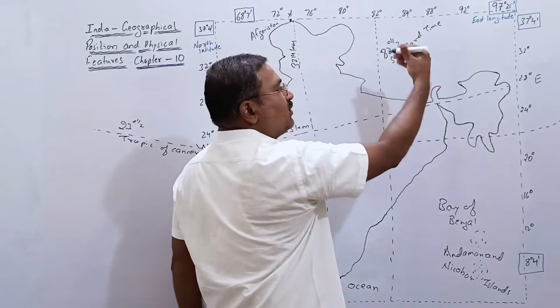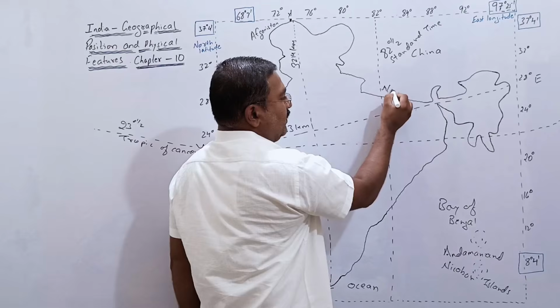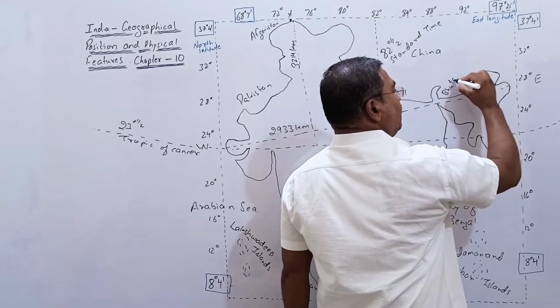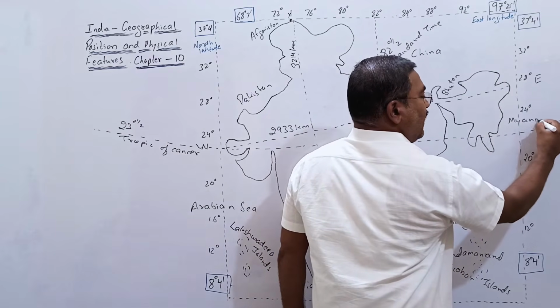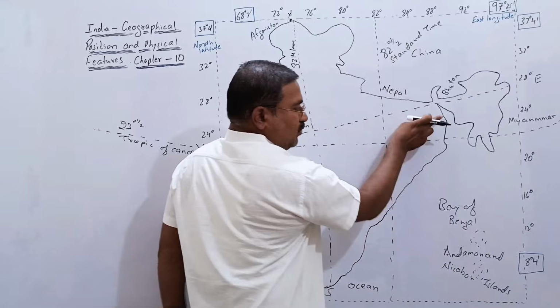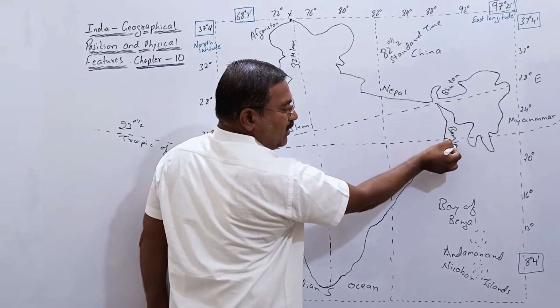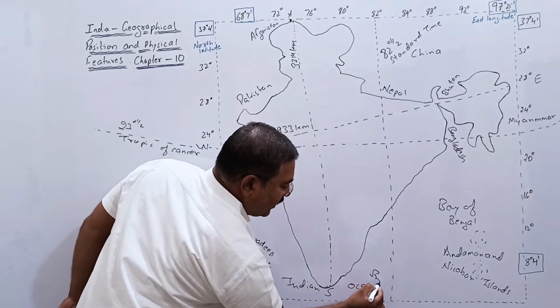Toward this side, we have China. Here, Nepal. This side, we have Bhutan. And toward the eastern part, we have Myanmar. Towards here, we have Bangladesh. Down in the south, we have Sri Lanka.